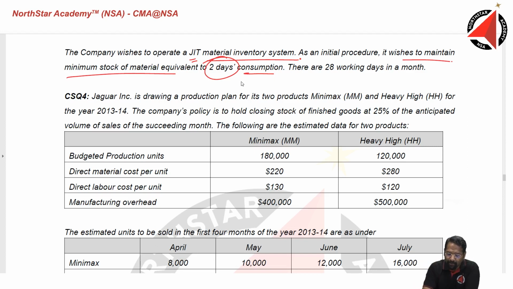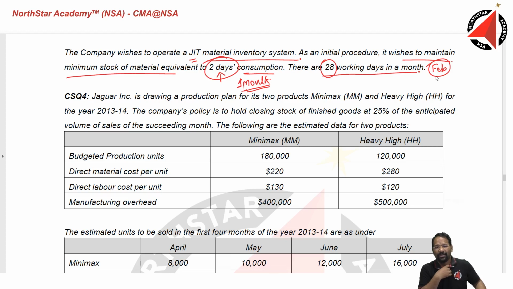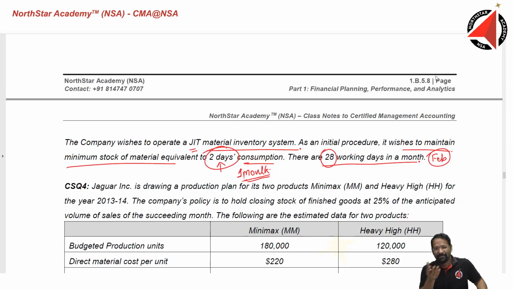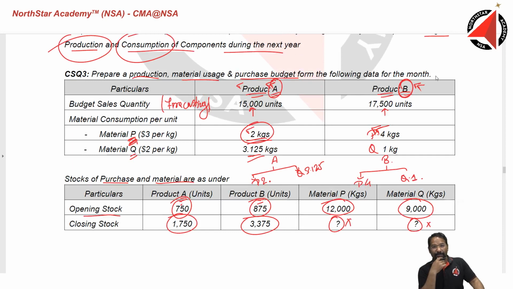So once we know 1 month consumption, we can find out 2 days consumption, and whatever is 2 days consumption will be my closing stock. Yes or no? And the question says there are 28 working days in a month. So we are sitting in the month of February basically. February can be 29 days also. Yeah, it can be. But then also it will be February generally.